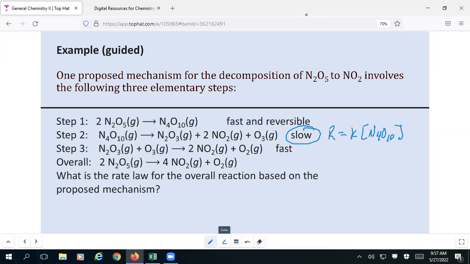Since this is an intermediate, however, and the way we can identify it as such is here it is, but it's not one of our products. Now we have to do that same kind of process that we did before.